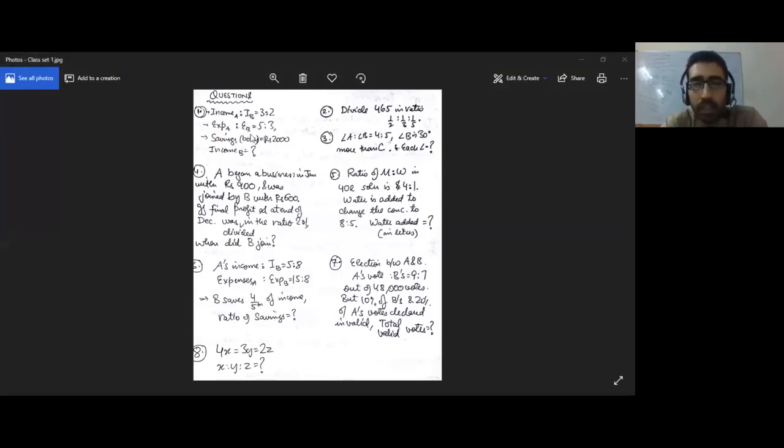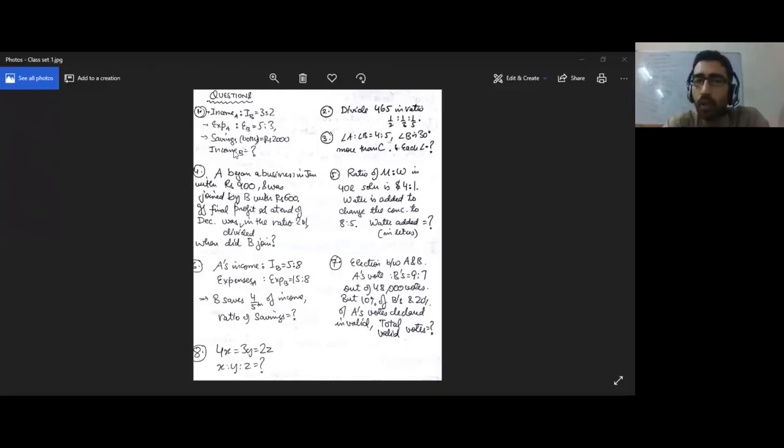And there is a small change in question 1, just to make it absolutely clear. In question 1, income of A is to income of B is 3 is to 2. Expenditure of A is to expenditure of B is 5 is to 3. While the savings for each, this is not both, savings enjoyed by A as well as B is rupees 2000.